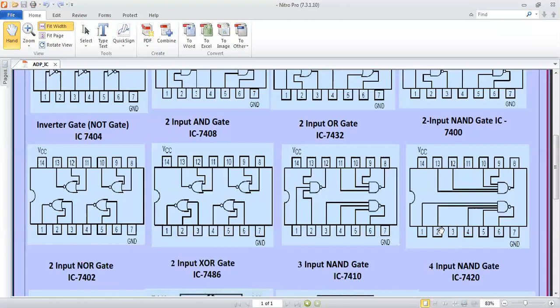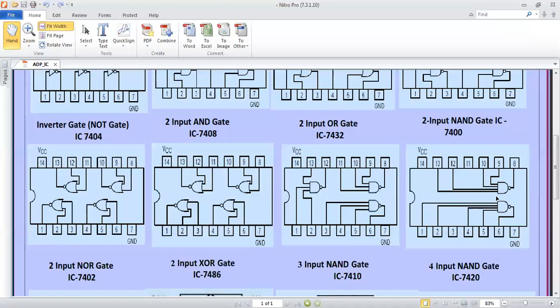Pin numbers 1 2 4 5 are the input pins and 6 number is output pin. Same way, 13, 12, 10 and 9 are the input pins and 8 will be output pin. Here only 2 gates are there which are going to perform output.